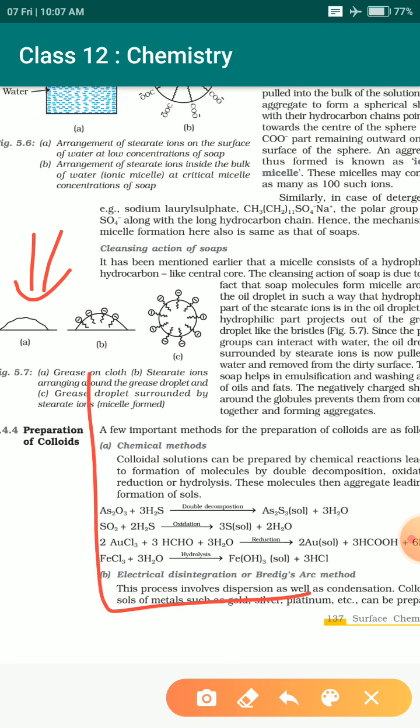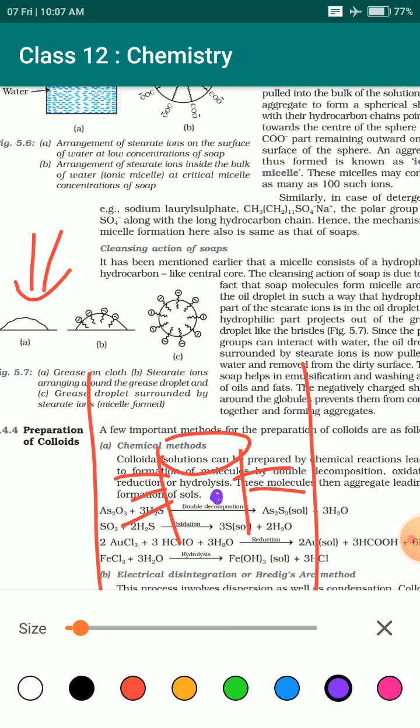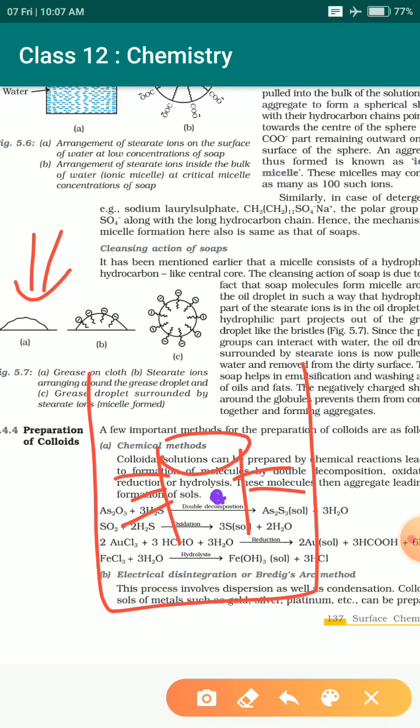This is your cloth, and here you have some dirt present over it. Now, what this micelle does, slowly and gradually, the micelle will definitely have two parts.